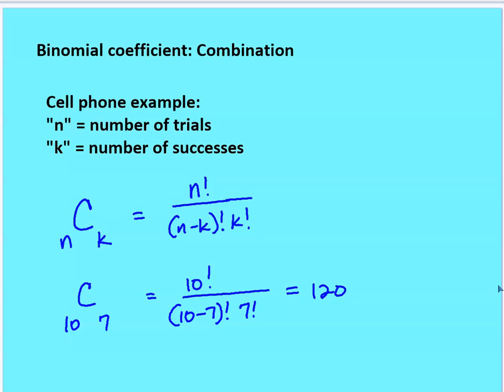We're not going to go deeply into what combinations are. Hopefully you covered this briefly in Algebra 2, or maybe even briefly in Calculus BC. So N equals the number of trials and K equals the number of successes, and the combination formula is N factorial divided by N minus K factorial times K factorial.